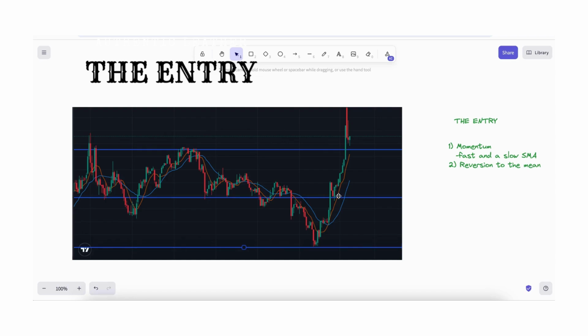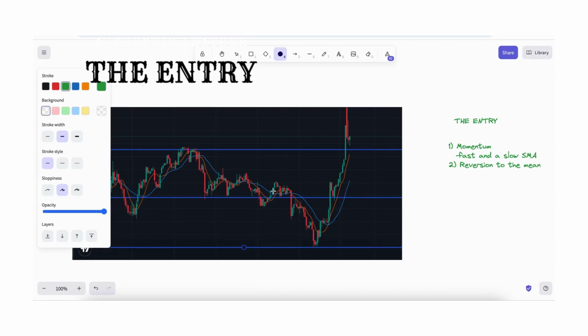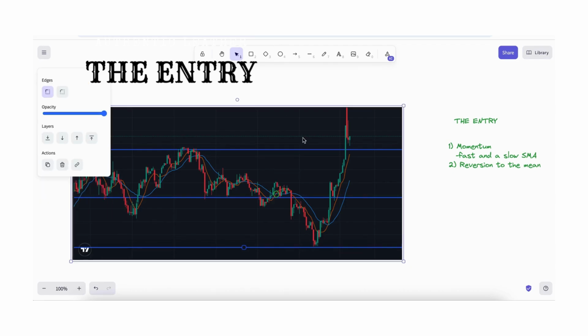Moving averages may not always work. None of these strategies always work. For example, if you are trading sideways, you might take a trade here where the fast moving average exceeds the slow moving average, but that trade might not yield you a profit.